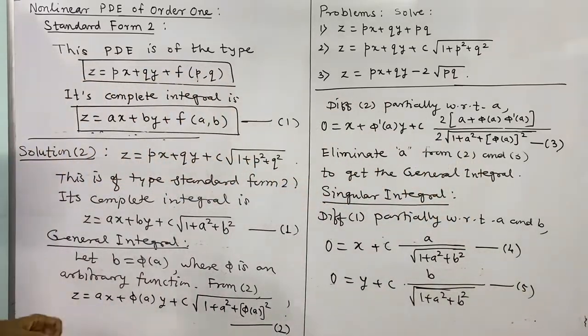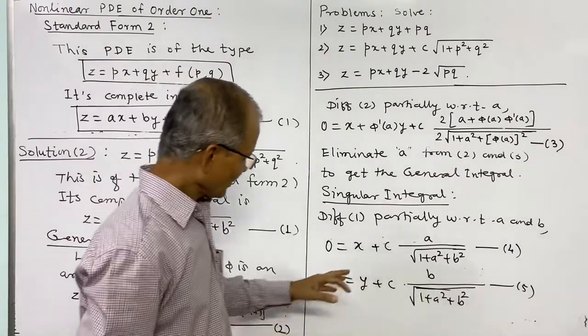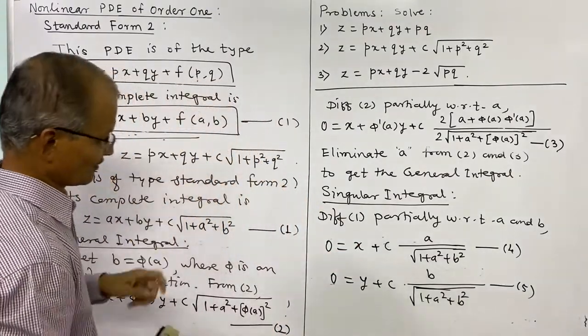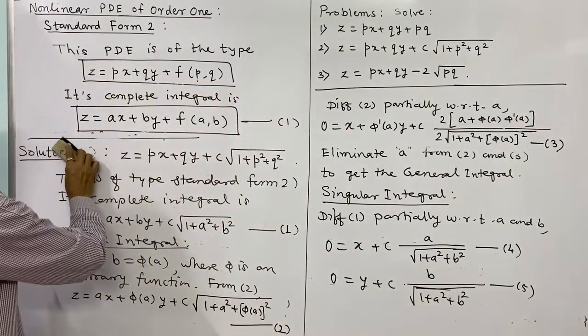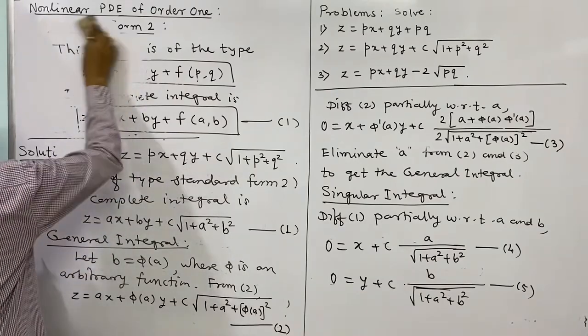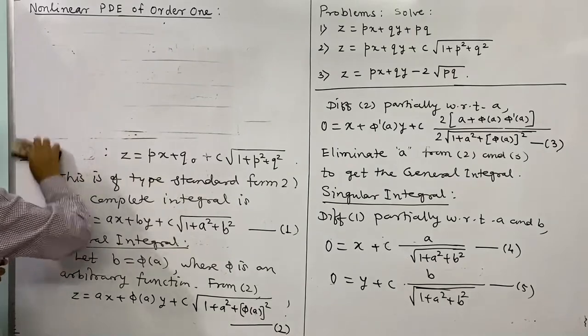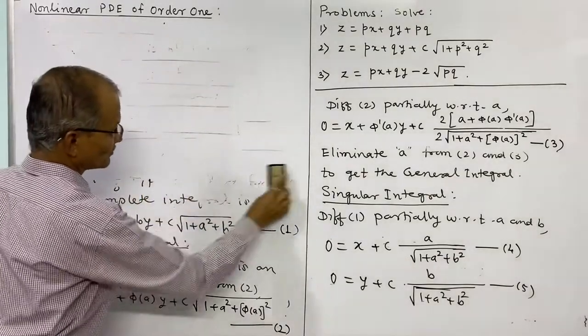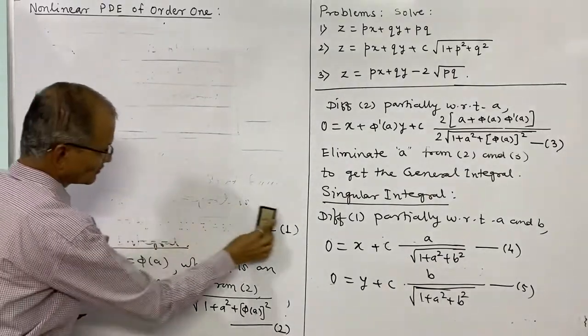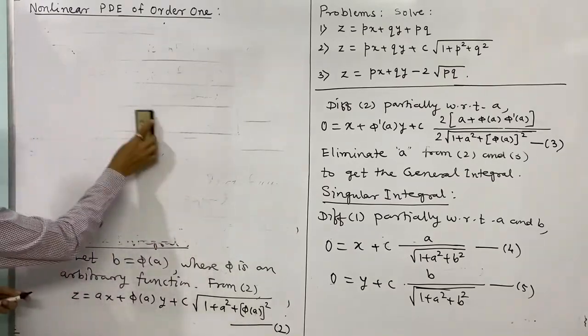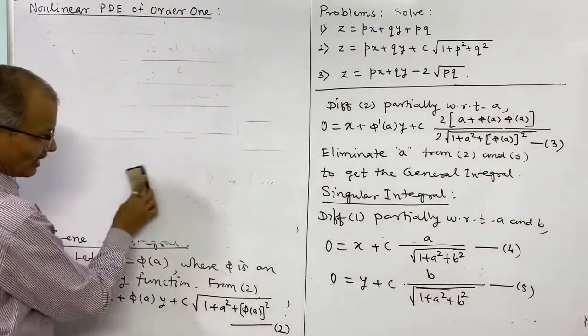So from this we can write the value of, say, x square plus y square. So I shall now rub out this. So this gives, we will square and add it.